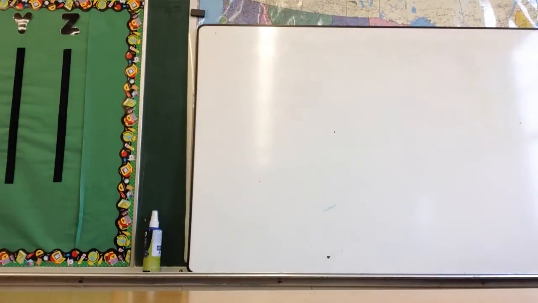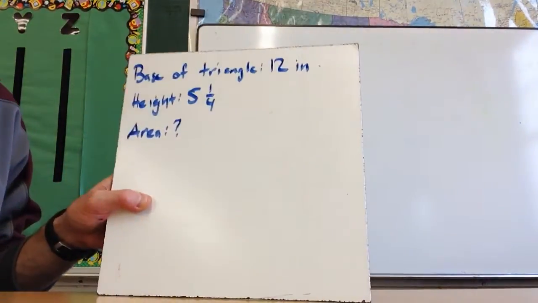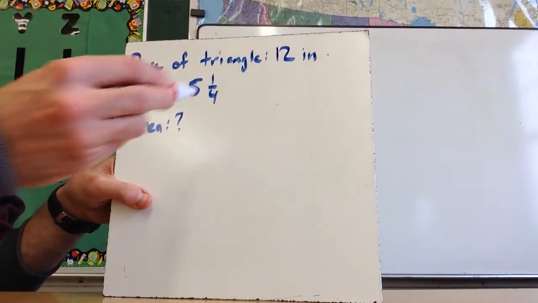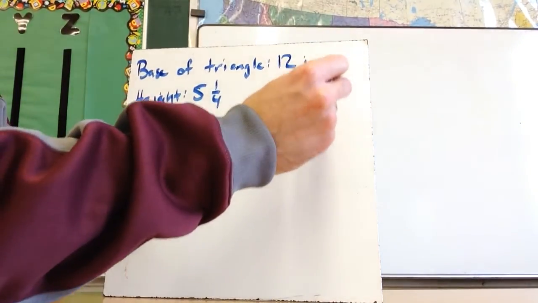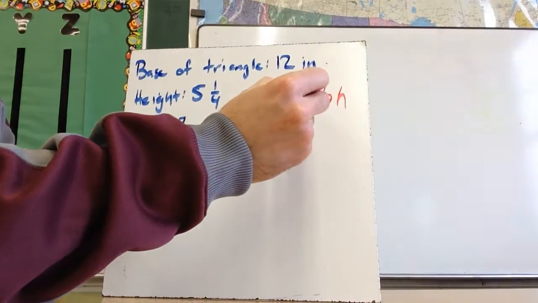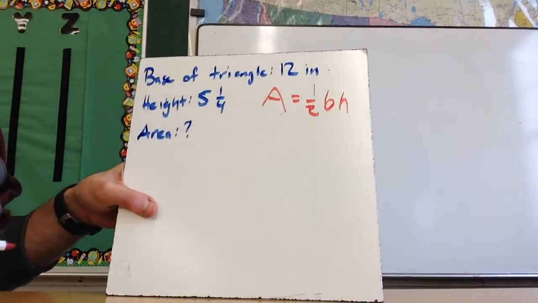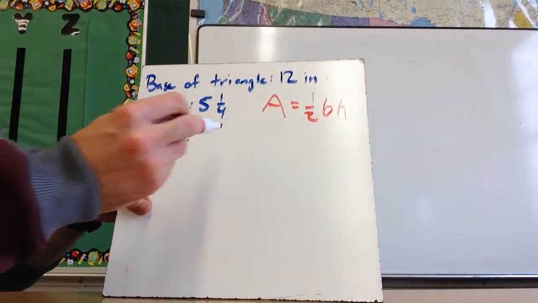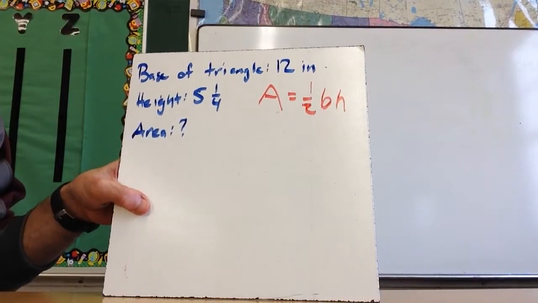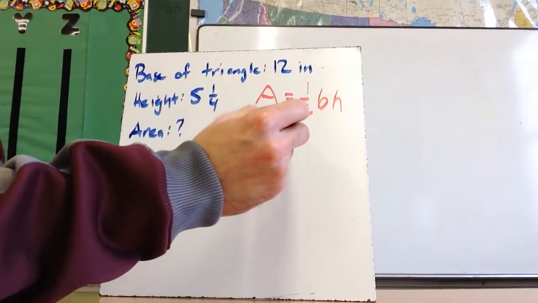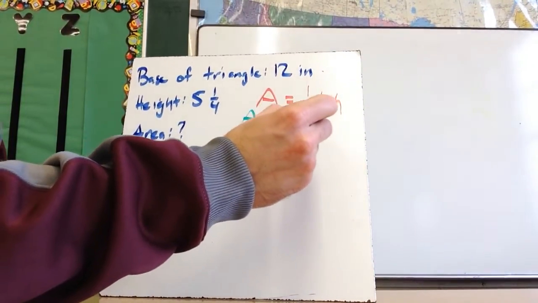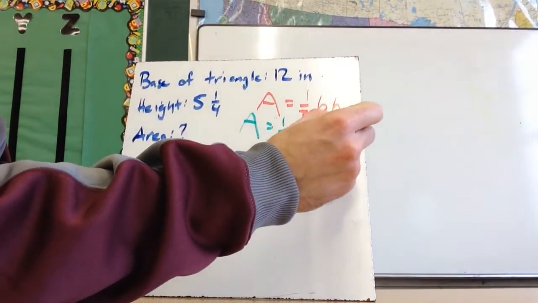All right, and then the final problem is finding the area of a triangle. If you remember the formula for the area of a triangle, area equals 1/2 times base times height. I don't know the area, so I'm trying to find the area, but I know that the base of this triangle is 12, and I know the height is 5 1/4.